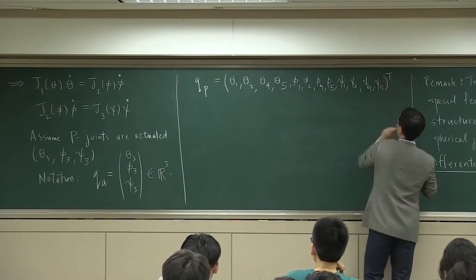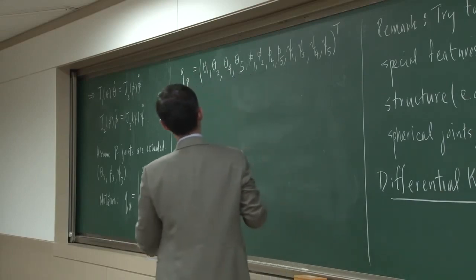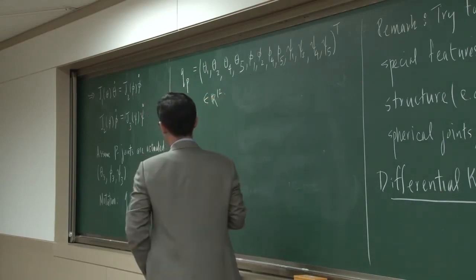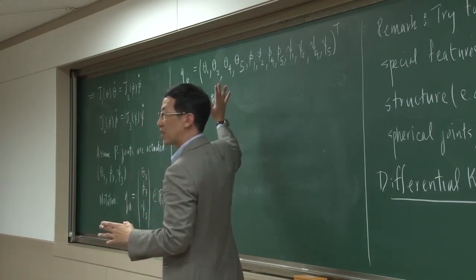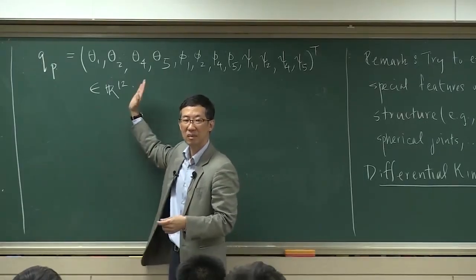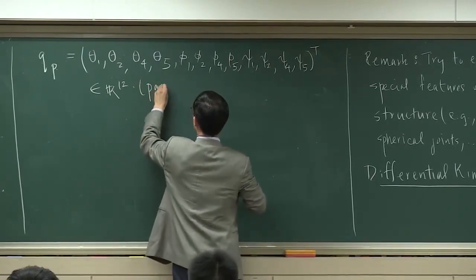I guess I should transpose this. So it's 12-dimensional. This is going to be my vector of passive joints.